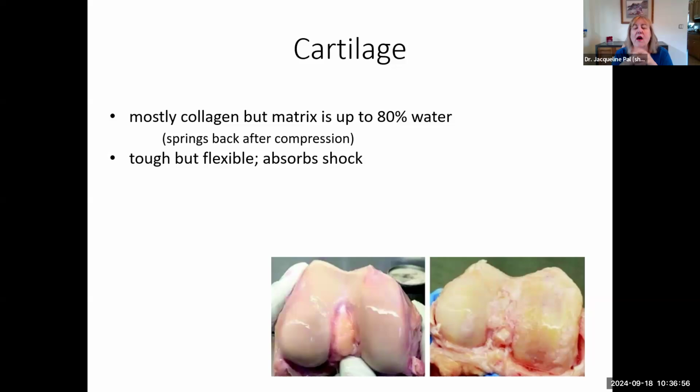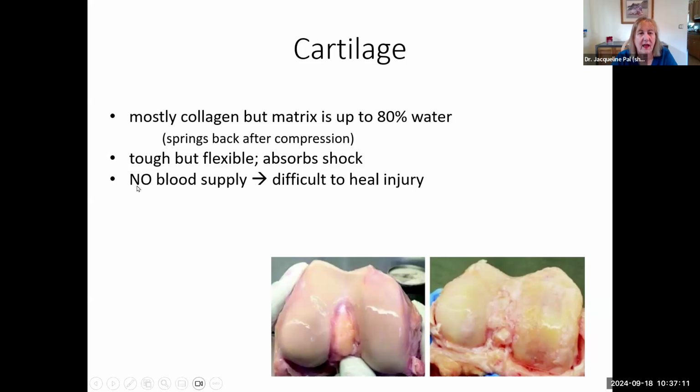Yes, it's tough and it's flexible. Collagen has flexibility. It doesn't stretch, it doesn't lengthen, but it's flexible and so can absorb some shock. Okay. Here's the thing about cartilage: no blood supply.